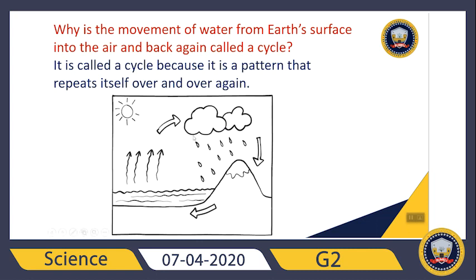After that the rain will fall into rivers, lakes, oceans, and the water cycle will start again. Today we talked about the water cycle, and all of you know what is happening in the water cycle.